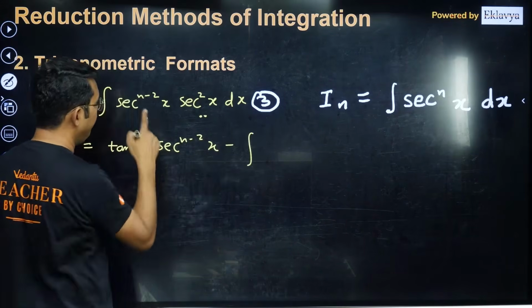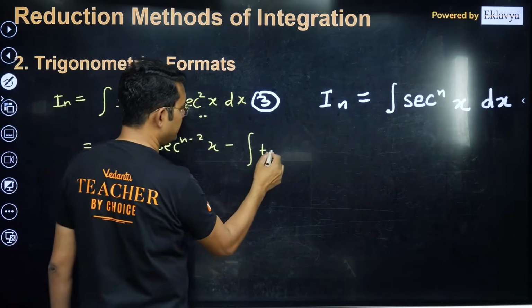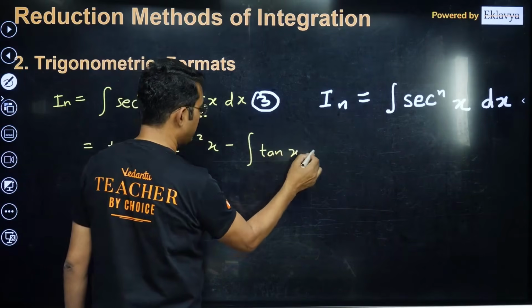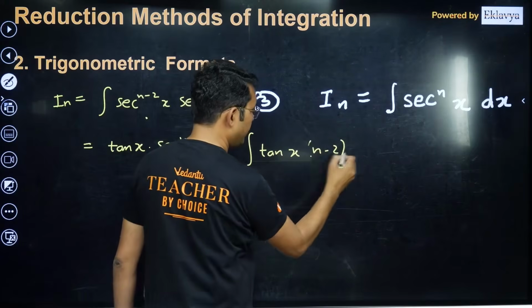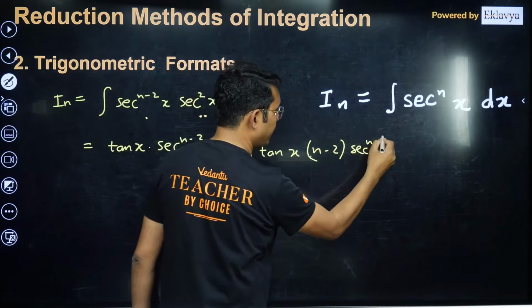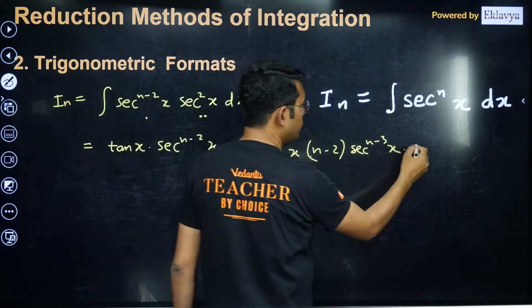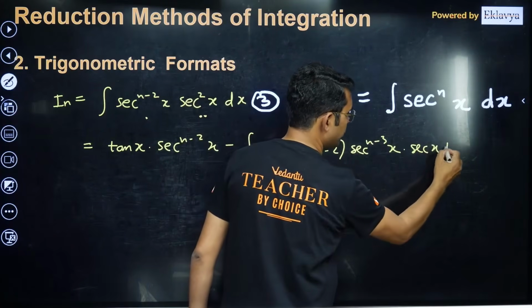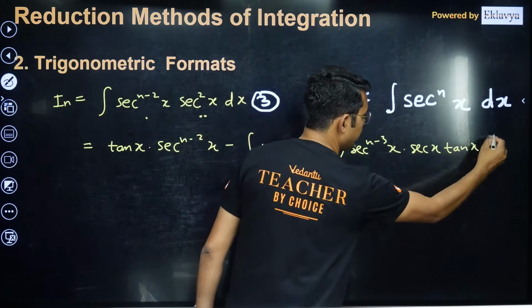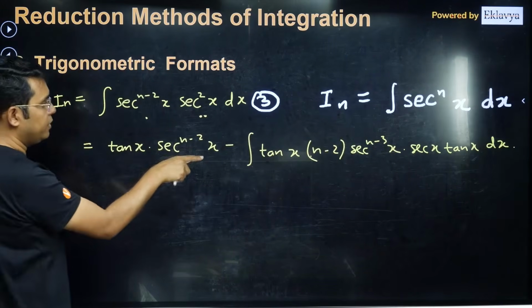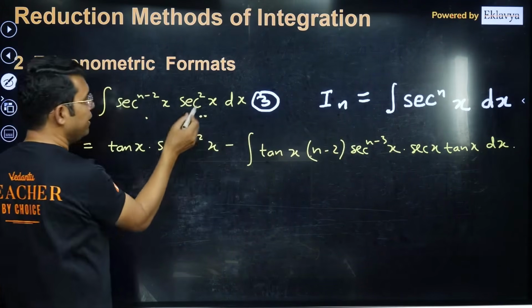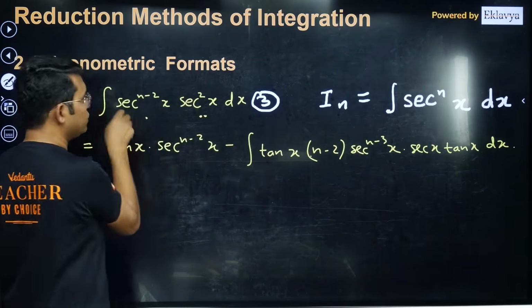minus integral. Integration of secant square is tan x, and differentiation of this would be n minus 2 into secant of n minus 3x into secant x tan x using the chain rule dx. So this is what we get after the minus sign inside the integral sign: integration of the second function, differentiation of the first function.